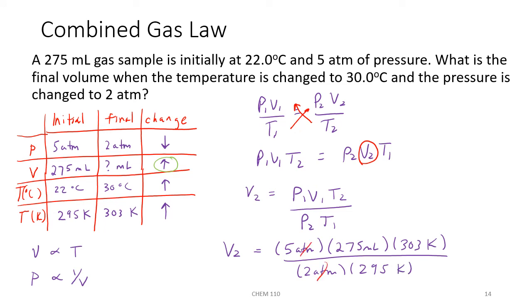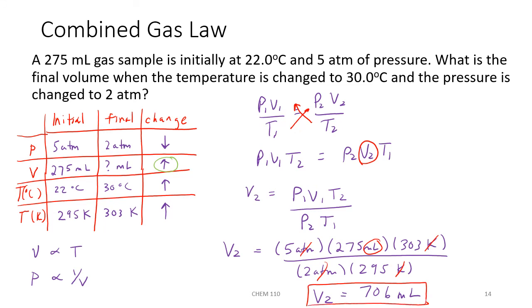So our atmospheres will cancel, our Kelvin will cancel. We'll be left in milliliters, and our V2 should be greater than V1 because our volume should increase. And the answer is 706 milliliters for our V2.